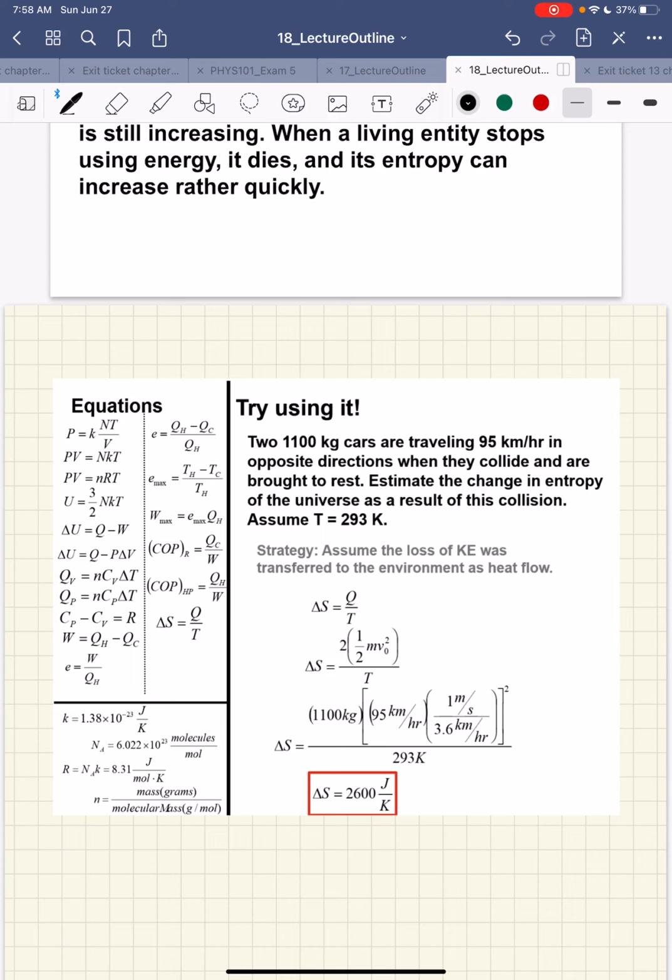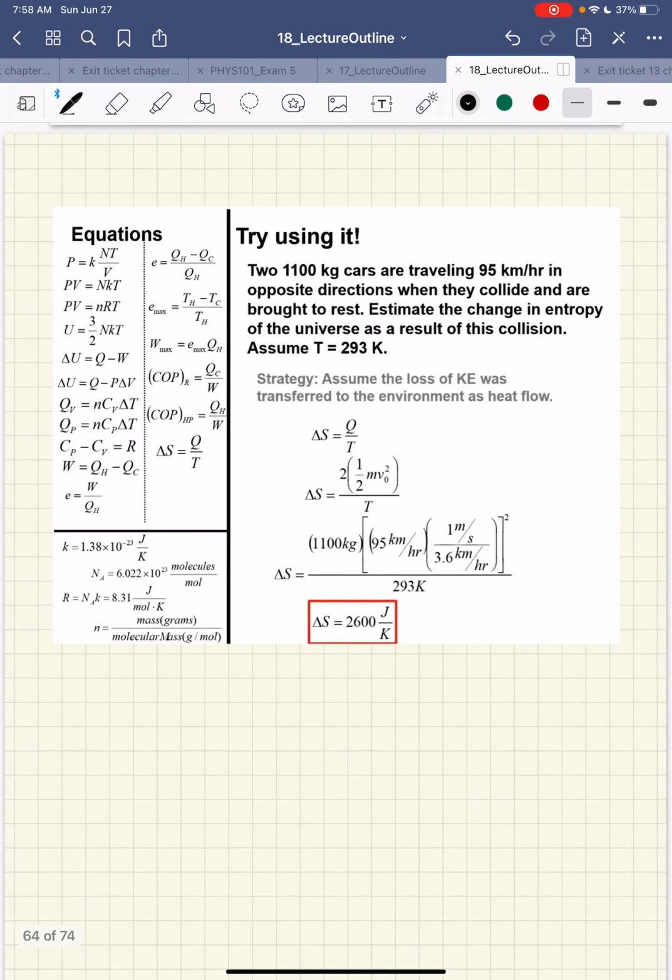Now assume the loss of kinetic energy was transferred to the environment as heat flow. Then delta S equals 2, because we have two cars, times 1/2 m v0 squared divided by the temperature, and this is going to be the change in the entropy of the universe.